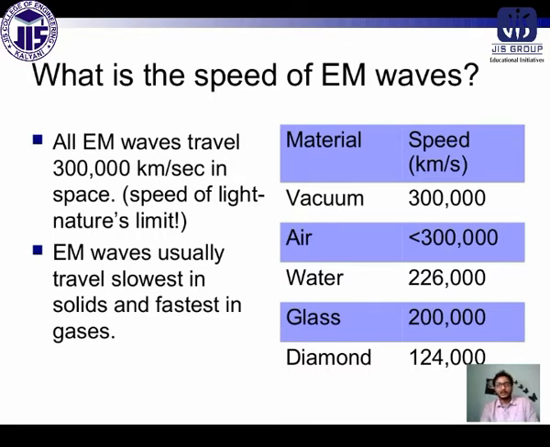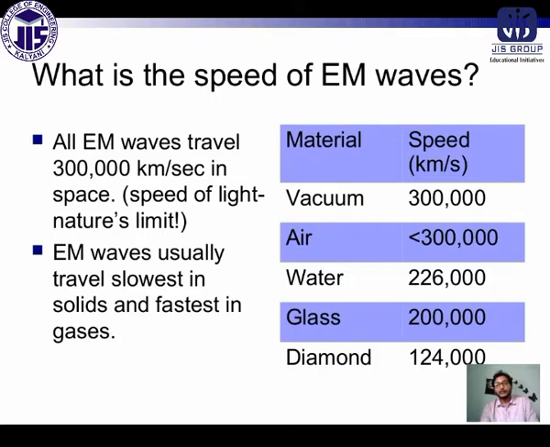For air, the speed is less than 3 lakh kilometers per second, and obviously in water, as the density of the medium increases, its speed decreases. In water the speed is 2,26,000 kilometers per second, in glass it decreases to 2 lakh kilometers per second, and in diamond it again decreases to 1,24,000 kilometers per second.